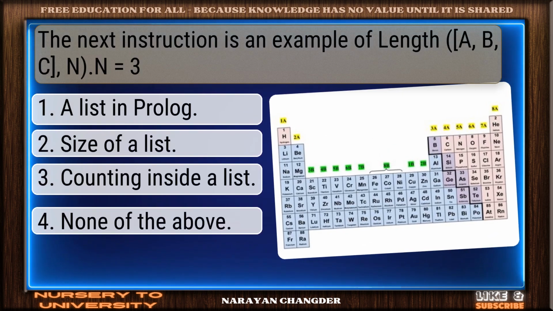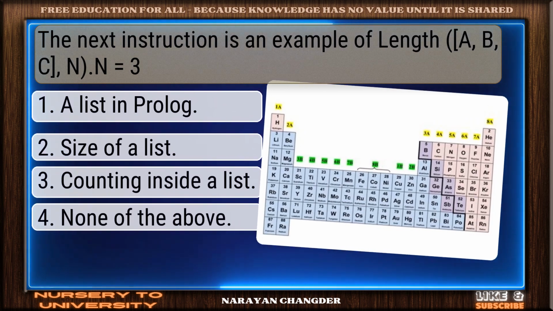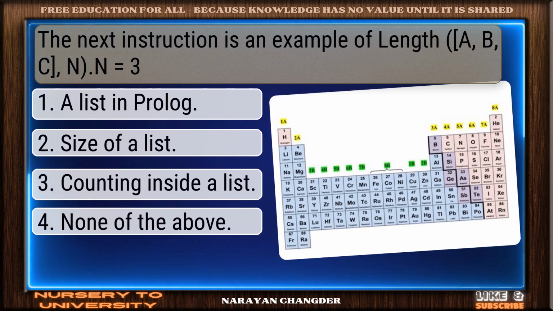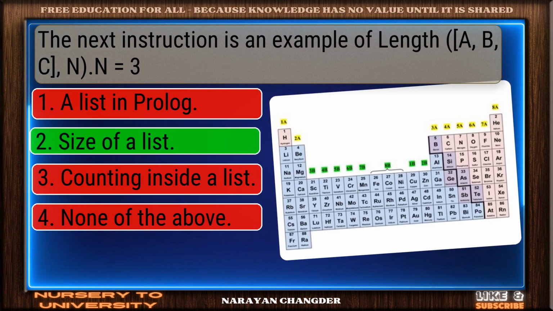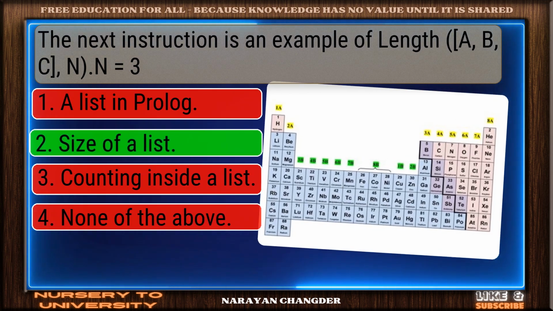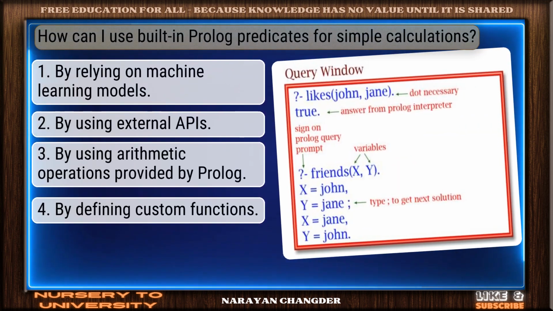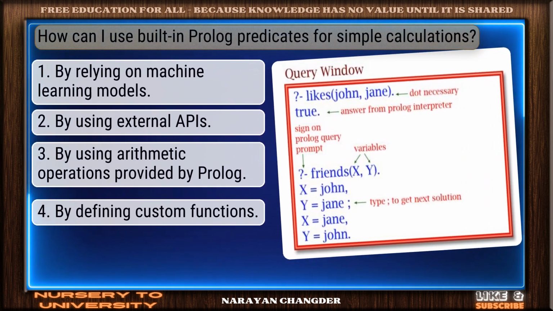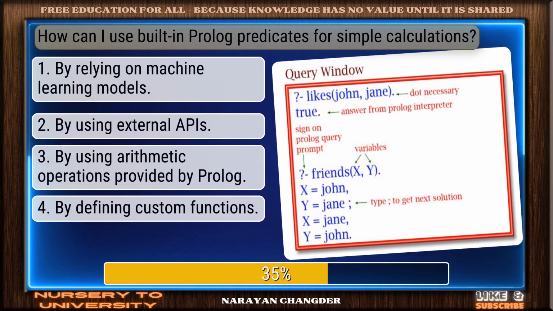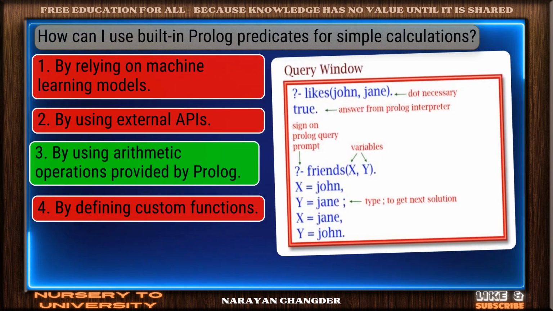Question number 14. The next instruction is an example of length by N equal to 3. Smart pick. Size of a list is the correct choice. Question number 15. How can I use built-in Prolog predicates for simple calculations? On track.